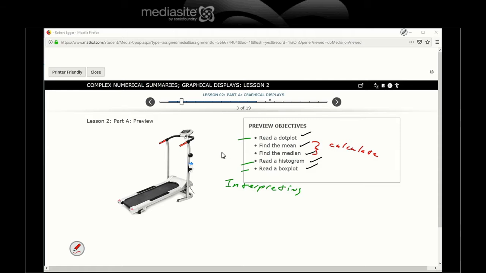Now we're also going to have to do some definitions. One thing mentioned in an earlier video is that as you come across new words, write them down in a notebook and put the definition next to them.